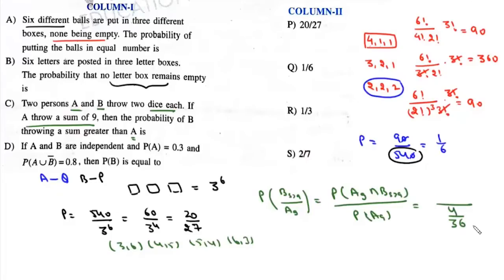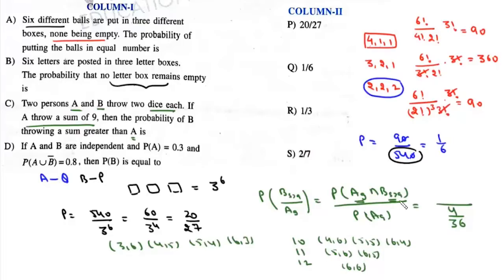So the required probability of A9 will be simply 4 by 36. Now we need to find this intersection, that A scores 9 and B scores a sum which is greater than 9. Now the sum greater than 9 could be either 10 or 11 or 12. Now we get 10 if we have 4, 6, 5, 5 and 6, 4. 11 is 5, 6, 6, 5 and 12 is 6, 6. So we have 6 cases here.